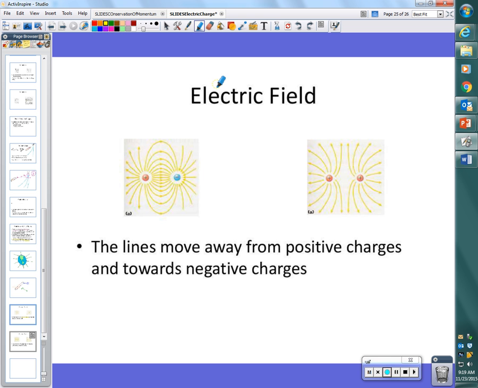So if we put a positive charge, let me do this. If we put another positive charge right there, what happens to that positive charge from this one? Or what does this positive charge do to that positive charge? It repels. What is this positive charge to that positive charge?